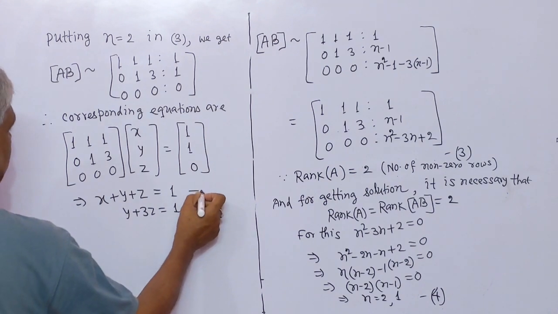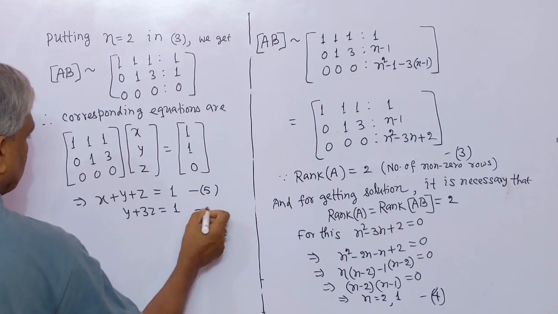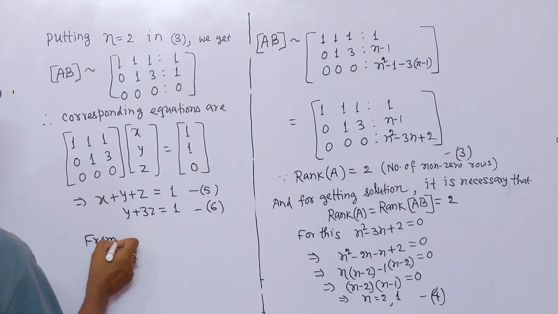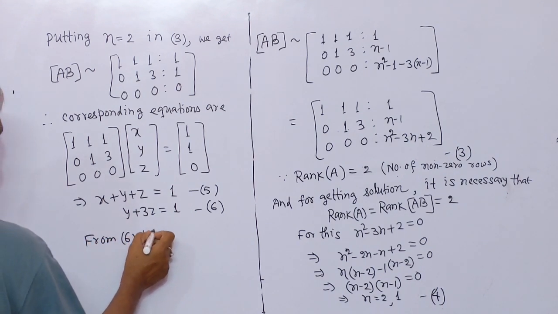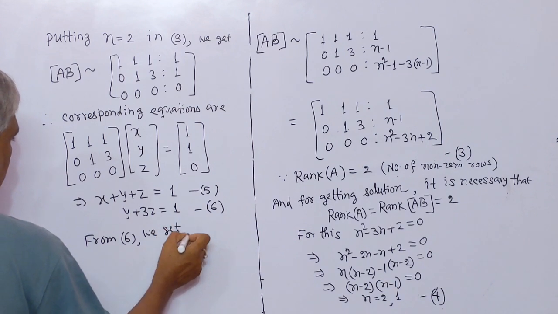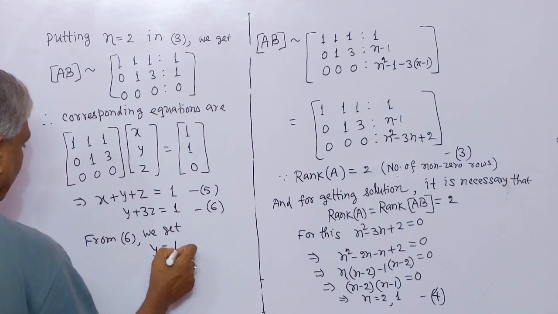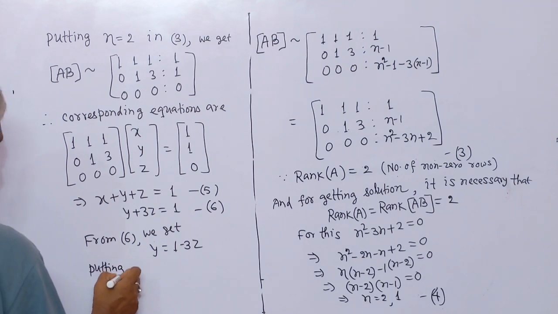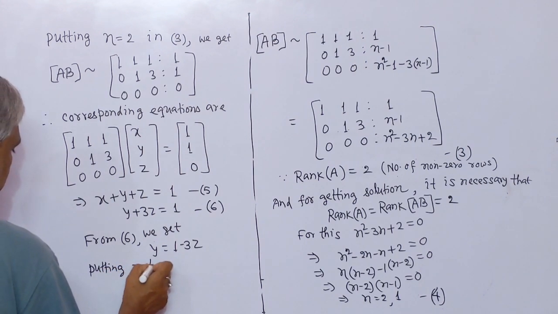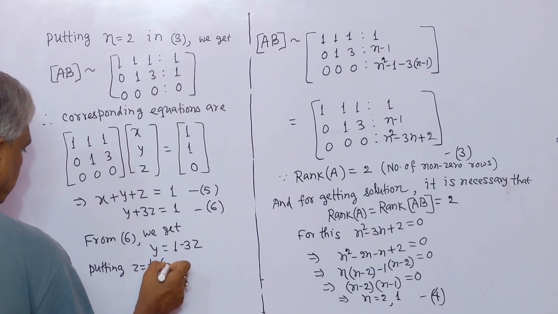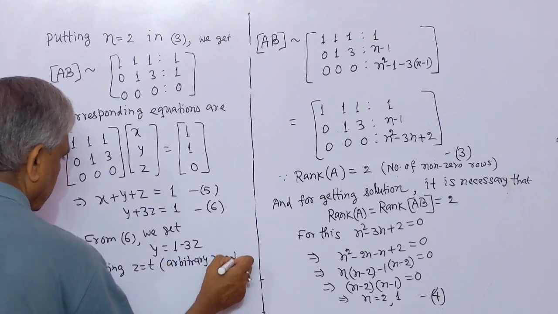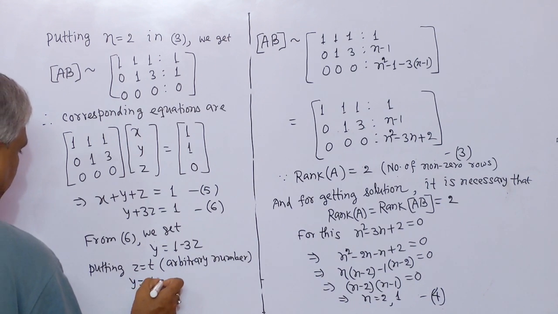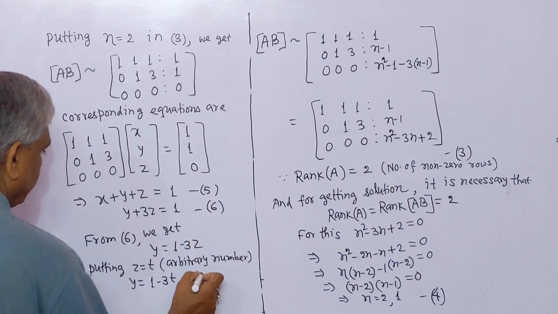Let this be number 5 and this be number 6. From 6 we get y equal to 1 minus 3z. Putting z equal to t, an arbitrary number, y equal to 1 minus 3t. This is number 7.